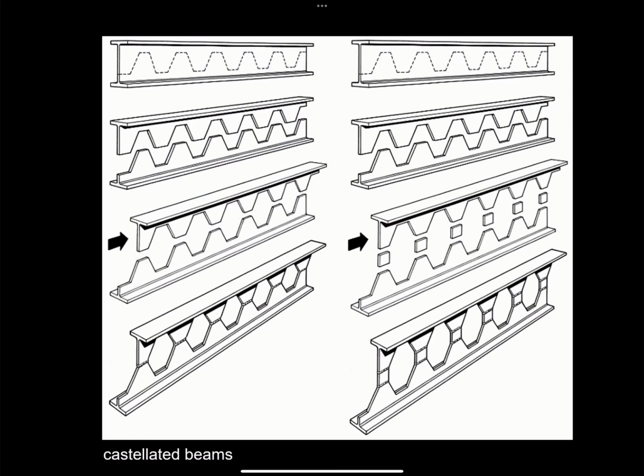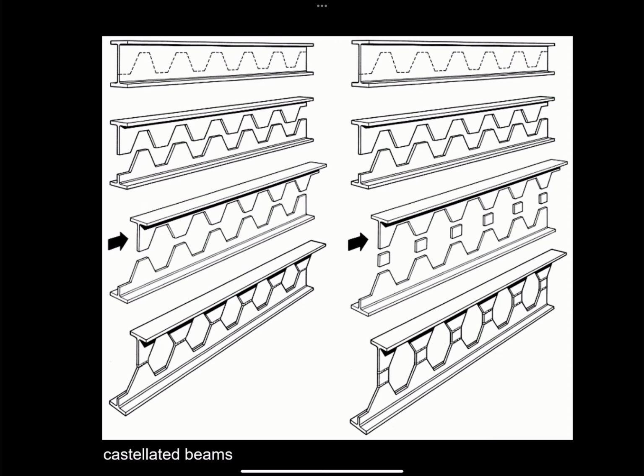Another way of increasing the spanning capability of steel is to make castellated beams. So at the top you can see a standard W section that is cut in the shop to a zigzag profile. The two pieces are taken apart, and then the top piece is slid so that it can be placed on the bottom piece and re-welded.